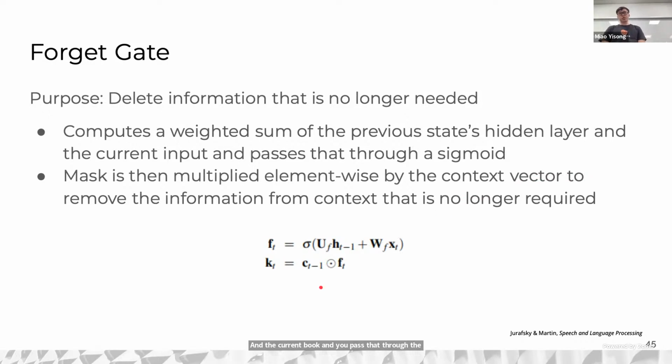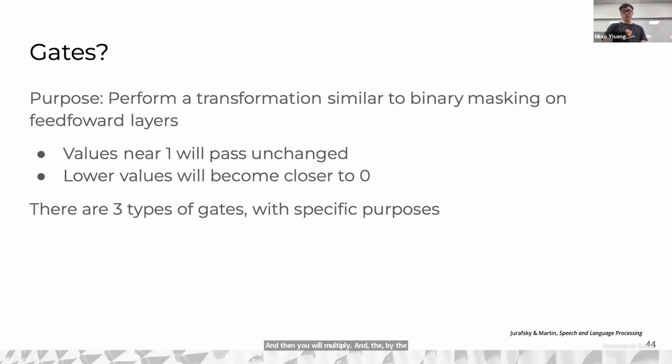Then you multiply element-wise the mask by the context vector. So you remove the information from the context that is no longer required. Basically all the low values will be removed, because they are less important.